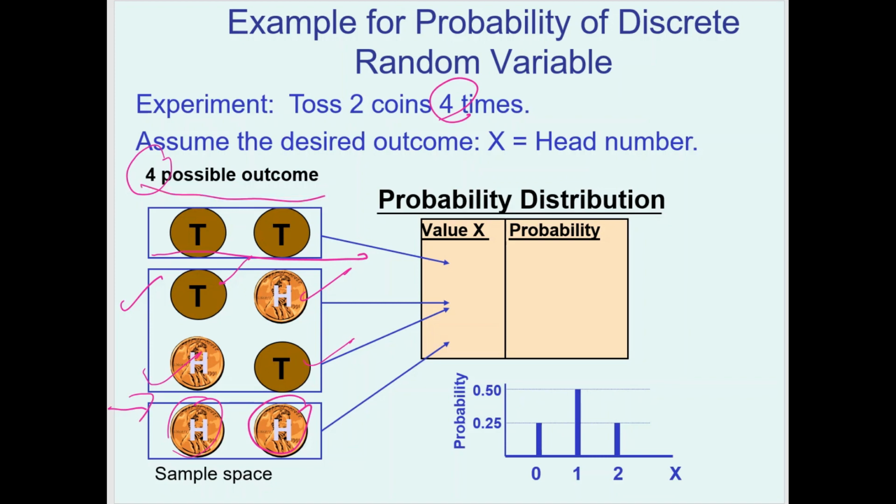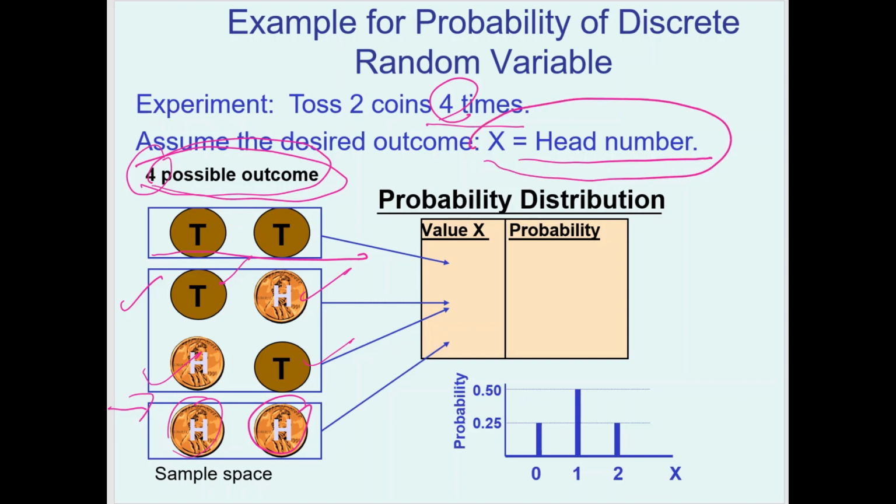So this is what we call the assumed desired outcome, because the assumed one is x equals the head number. Of all the listed possible outcomes from tossing 4 times, what is the probability of getting the desired outcome, which is the head number?